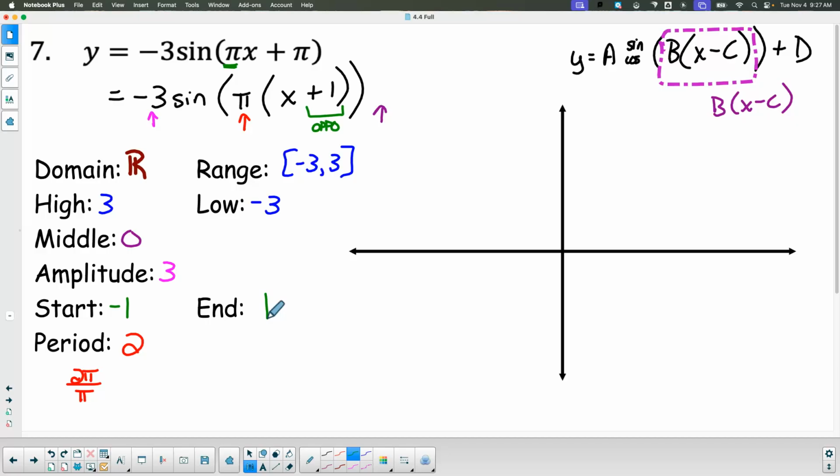Give you a moment to let that sink in. Yes, ma'am. Because I think oppositely inside my parentheses. And you have to factor first. On all the other ones, Justin, we had it in this form already.